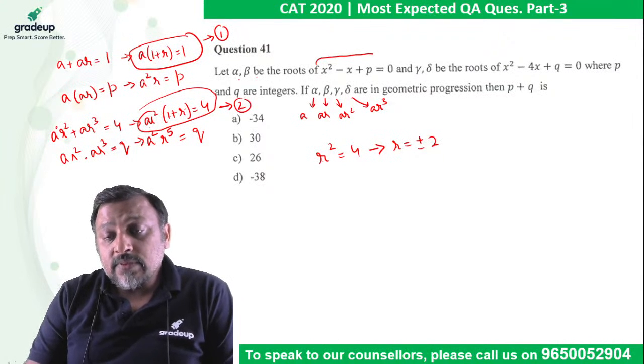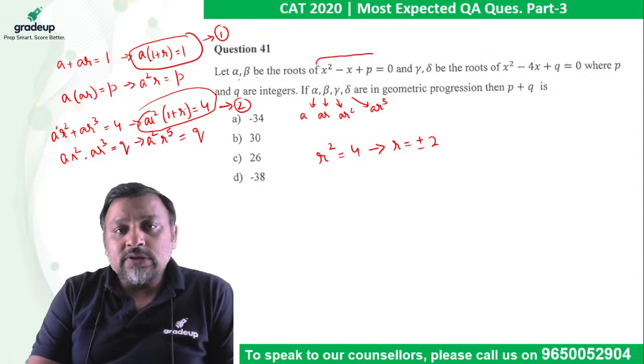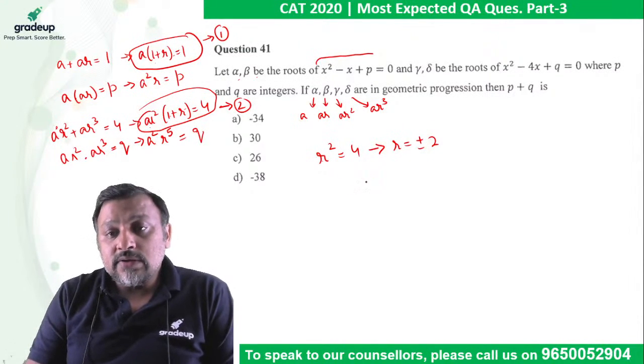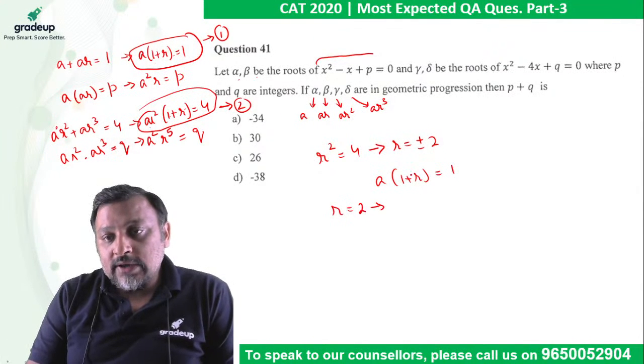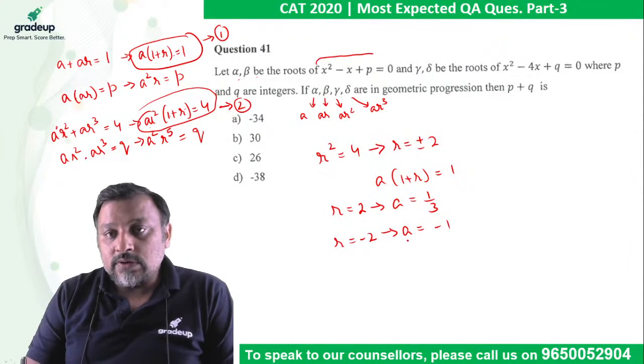Is this clear? So these are the two possible values of r. Now if I put these values here, I'll get the value of a. We have this equation. So if I put r equal to 2, what you'll get is a equal to 1 by 3, and if I put r equal to minus 2, you will get a equal to minus 1.